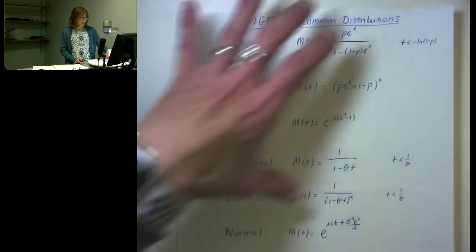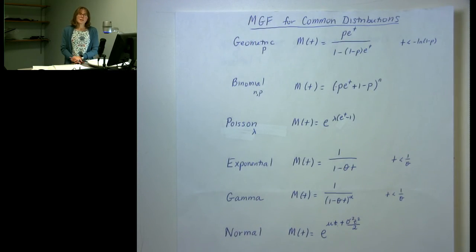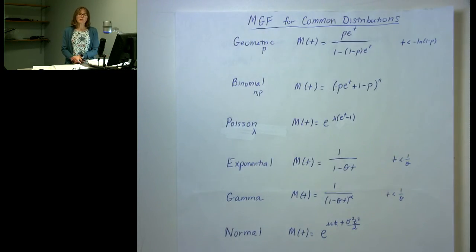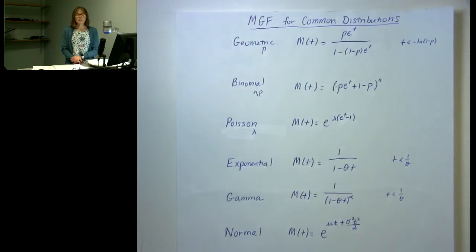And it's going to be useful later on as we're working on finding distributions of functions of random variables, and especially of sums of random variables, to have a little bit of familiarity with forms of these moment generating functions. So I'm going to post this sheet online as something that you can work with, so that you can look at recognizing the forms of moment generating functions for different types of common distributions.